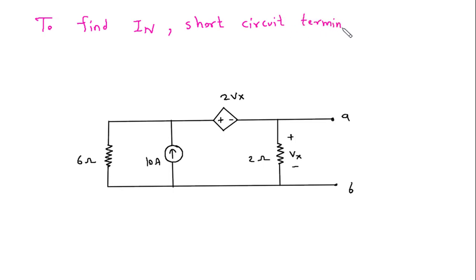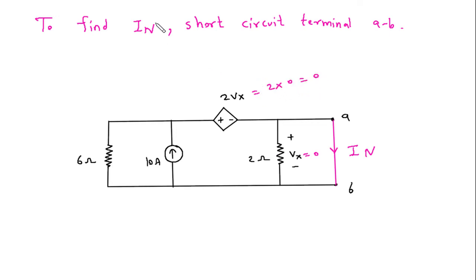So this will be short circuited and this will be current IN. Now when we short circuit A and B, Vx is equal to 0. So this will be 2 into 0 is equal to 0.